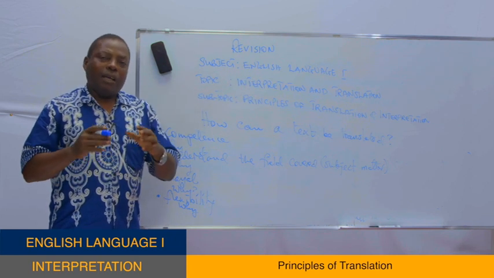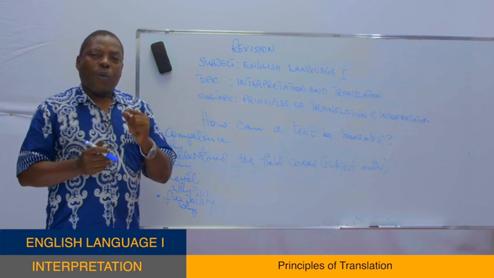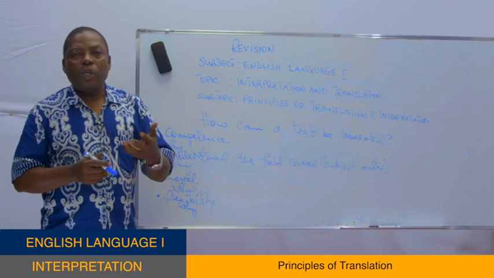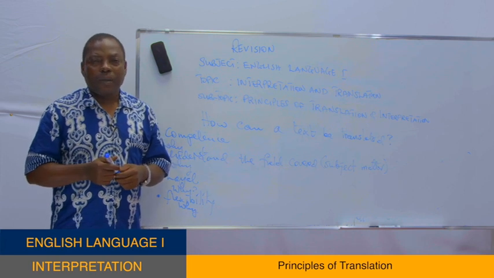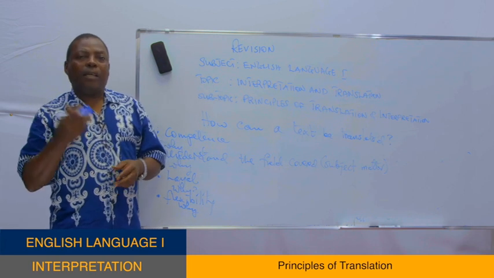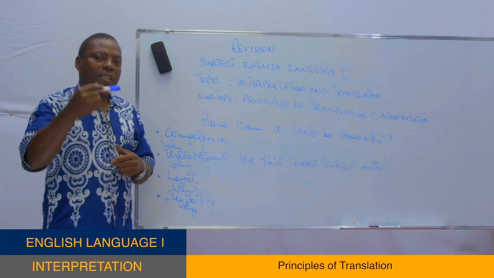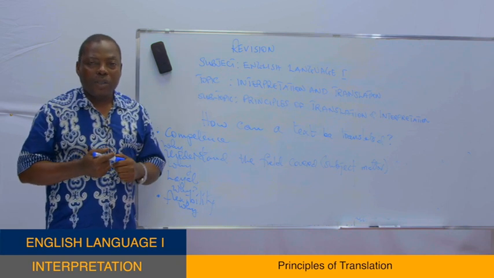Try to look at the style in which the source text or the source language presents the message. And look again if the audience would be able to understand the message.